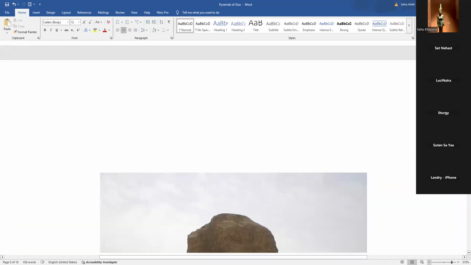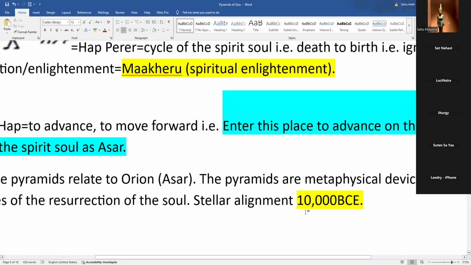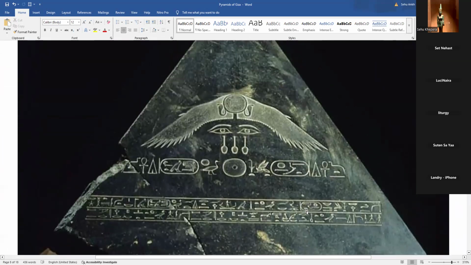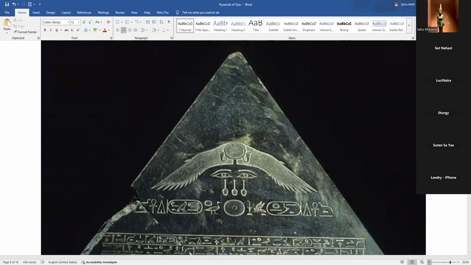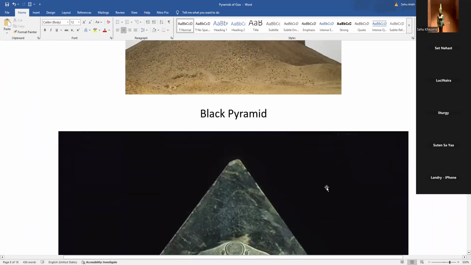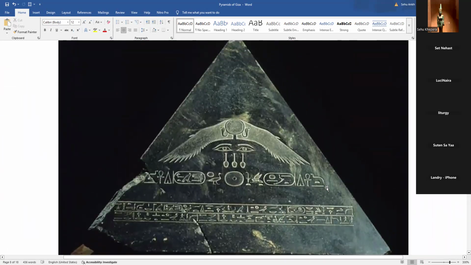And the stone, there are many of them. And this one is stored in the Cairo Museum with others. And they're placed on the pinnacle, the very top of the pyramid. And again, it's referred to as Benben.